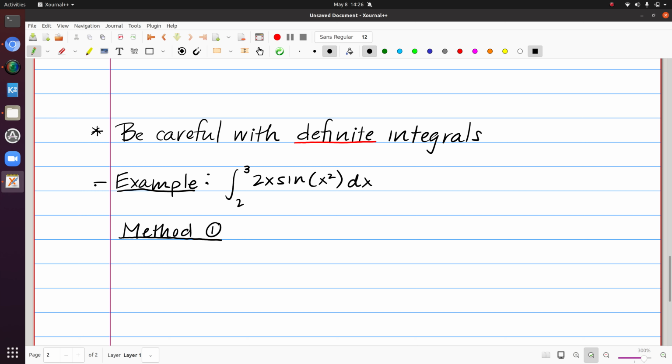I'll do the first method. So the first method here is to change bounds to be in terms of u.